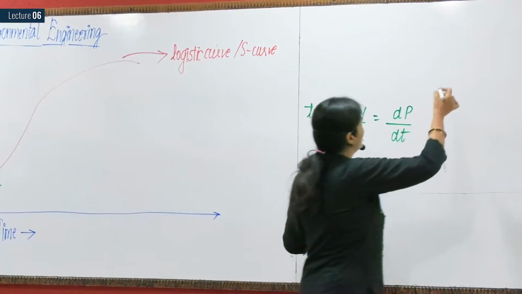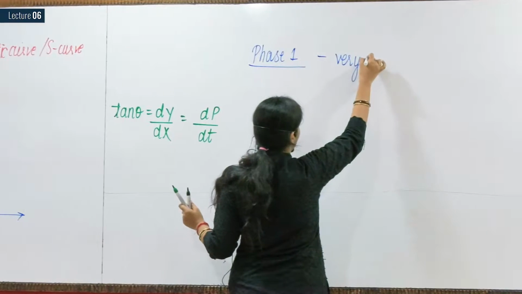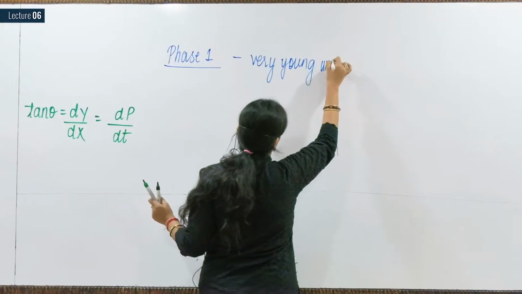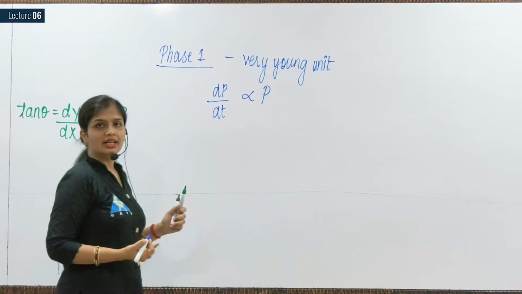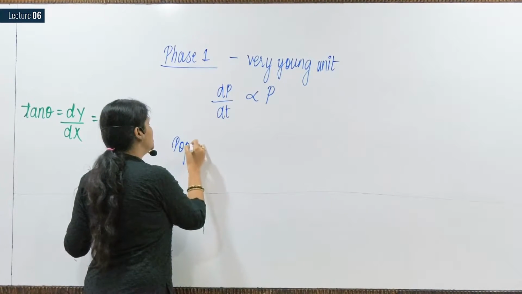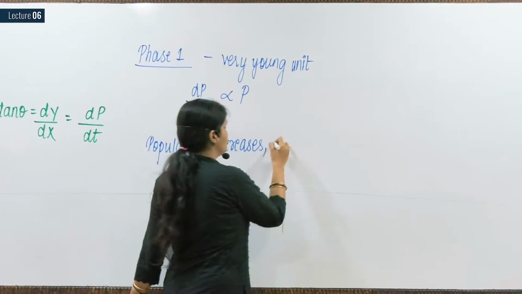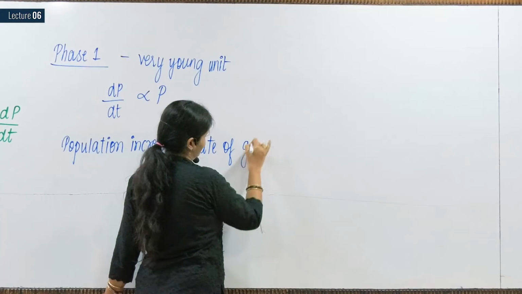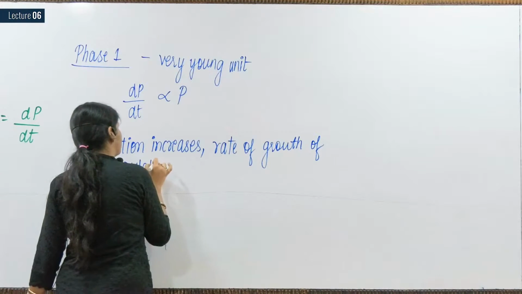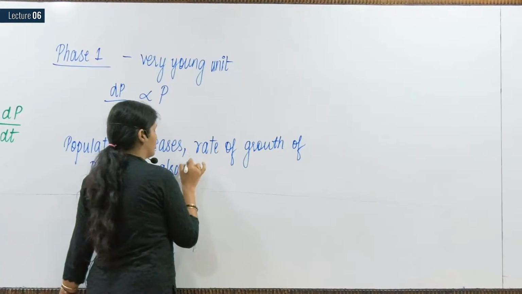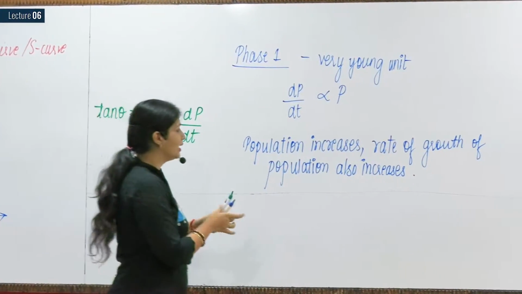In phase 1, I can write it as: it is for a very young city, and dP by dt is directly proportional to P. That is, population increases and rate of growth of population also increases.